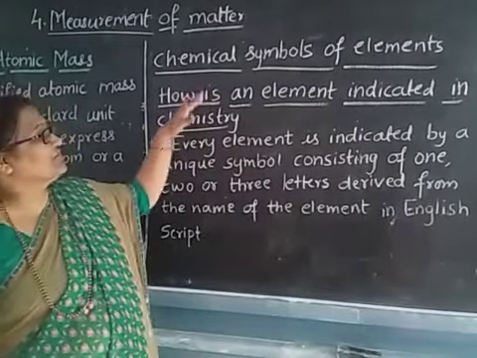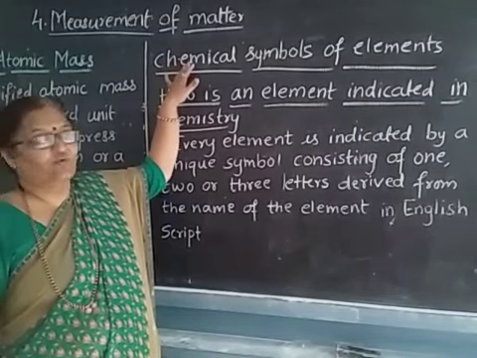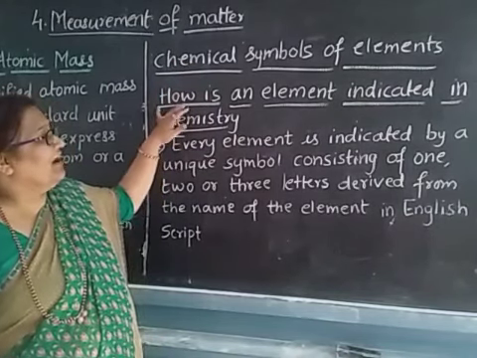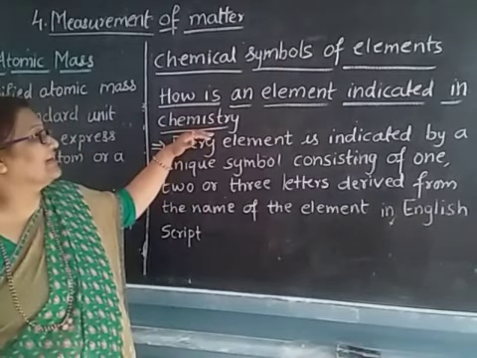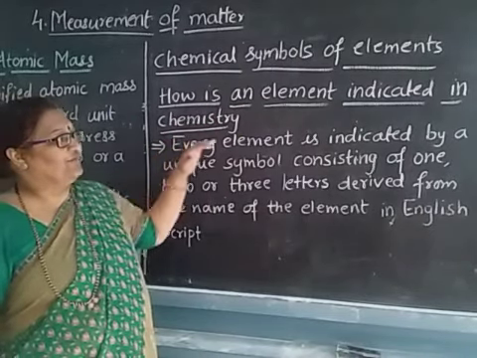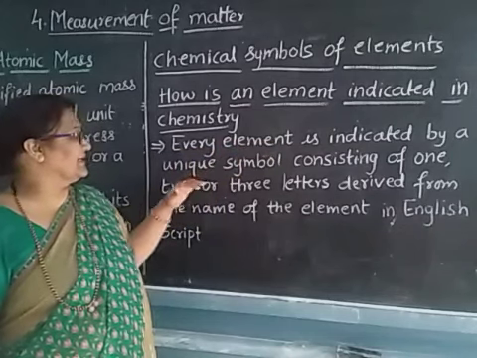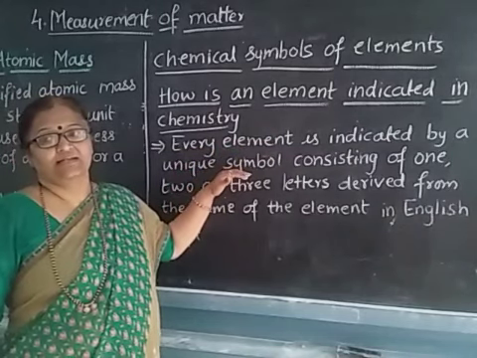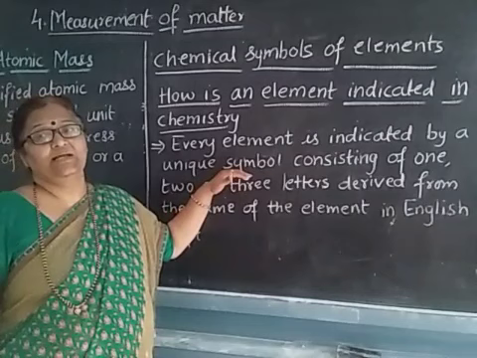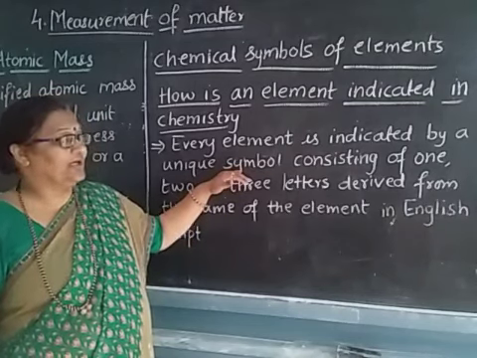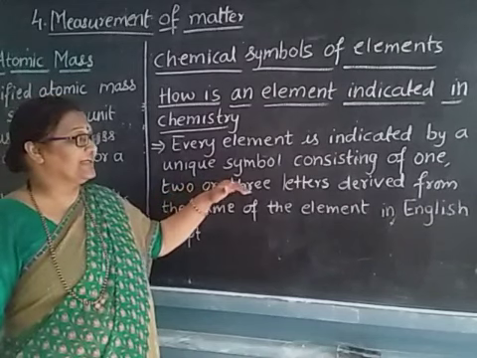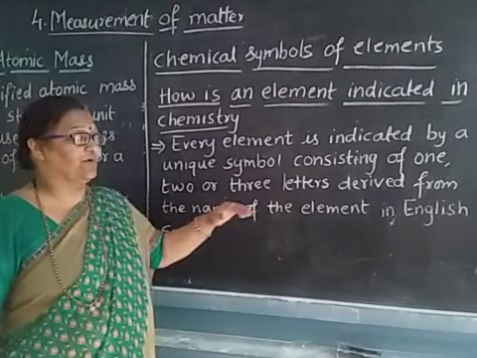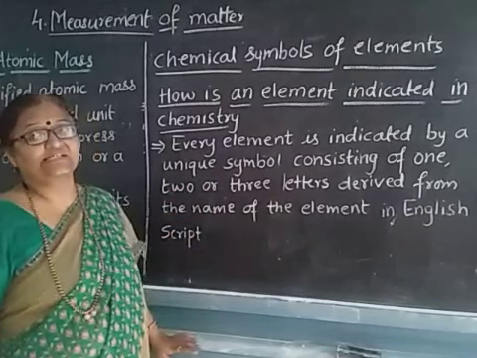Chemical symbols of elements. This is the point we are going to study. How is an element indicated in chemistry? This is the question. Every element is indicated by a unique symbol. That means each and every element has its own symbol. It may consist of 1, 2 or 3 letters derived from the name of the element in English script.